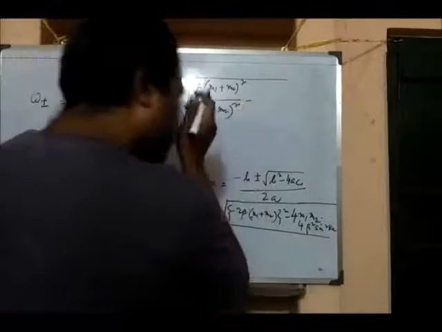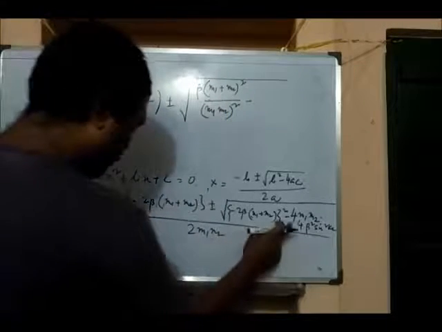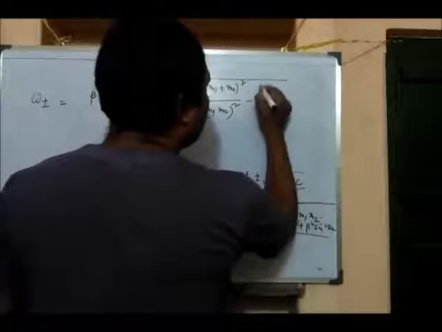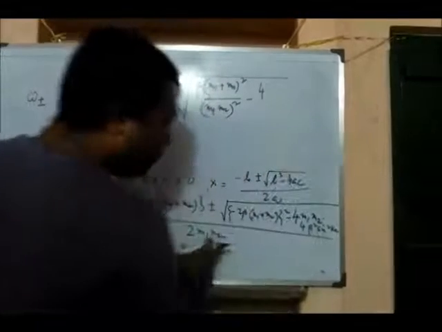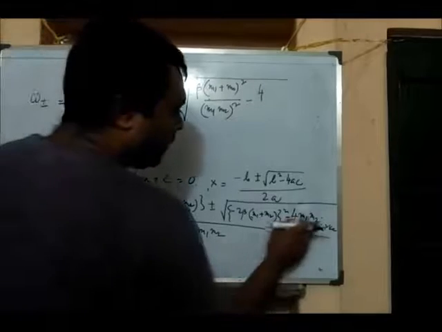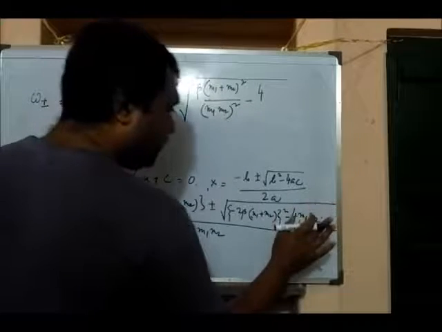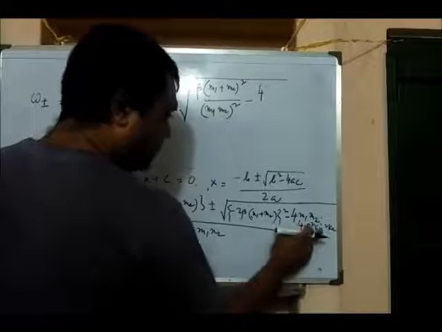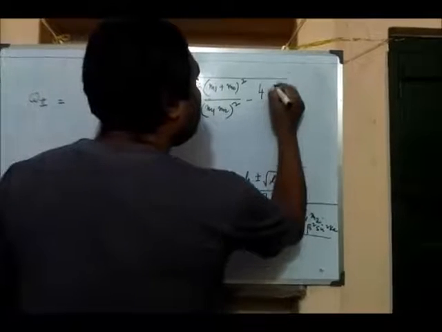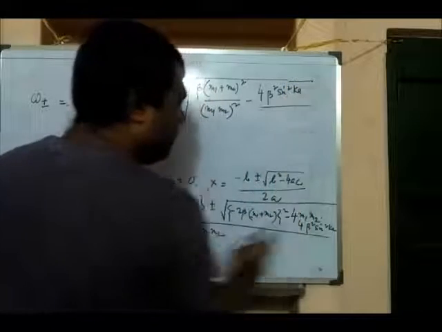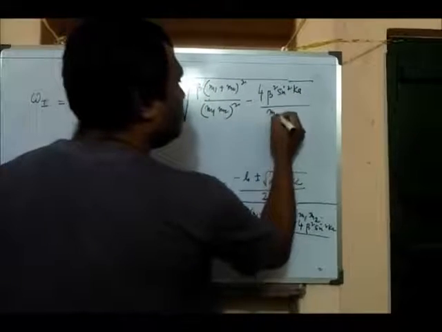Minus, if you bring this 2 within this bracket, you will get 4 beta square sine square Ka divided by just m1 m2.